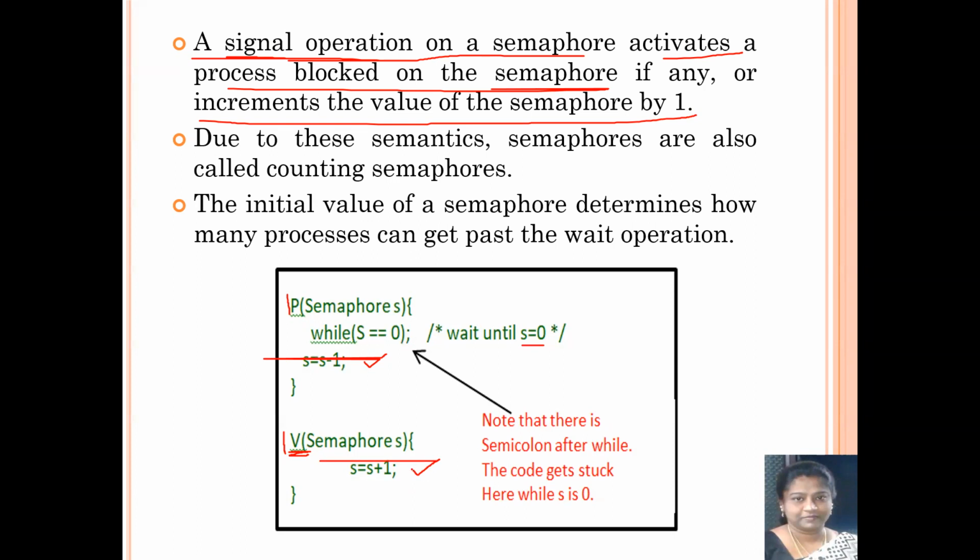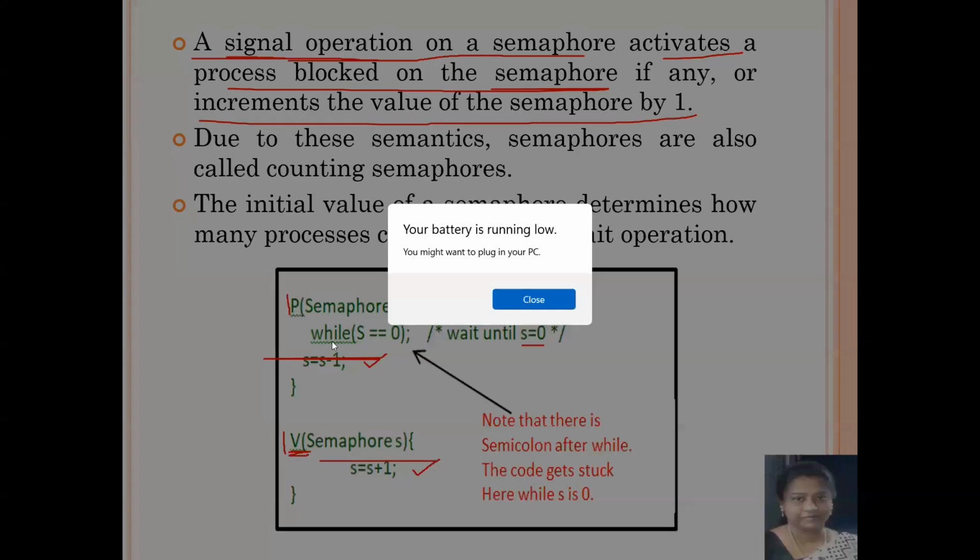When it becomes incremented, the lock will be released, and that particular process which was blocked in the while loop will now be able to enter the critical section. So this is how semaphore is used to implement process synchronization. That's why we say that semaphore is a very simple and easy synchronization tool with which process synchronization can be achieved.